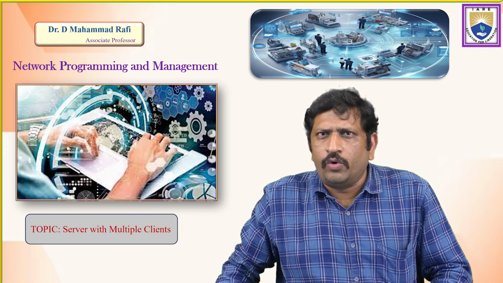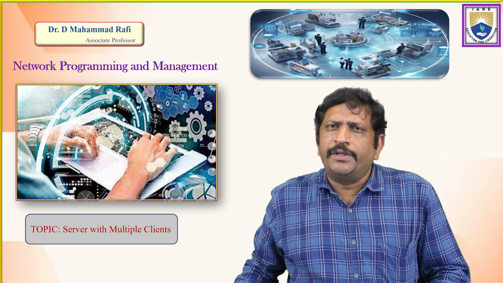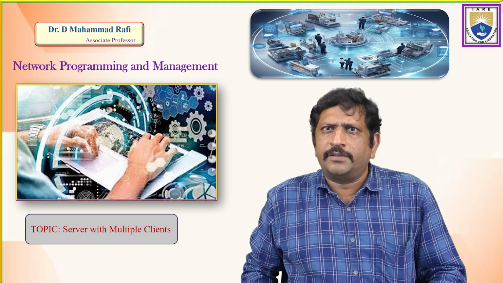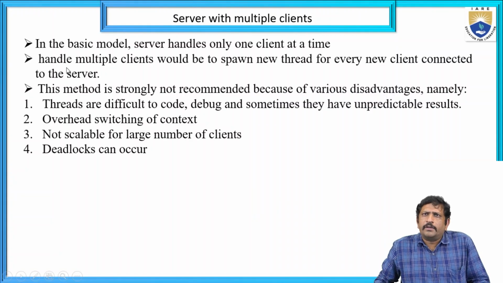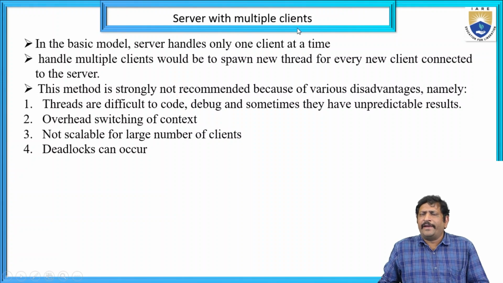Today I want to discuss the Network Programming and Management subject, in which the topic is a server with multiple clients. In the basic client-server model, the server handles only one client at a time. That means the server receives information from only one client at a time.